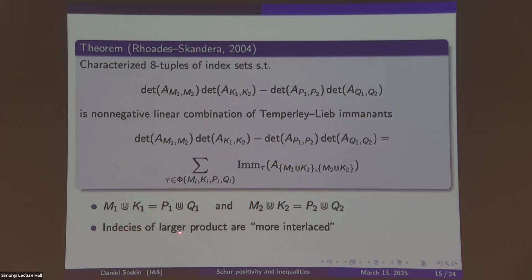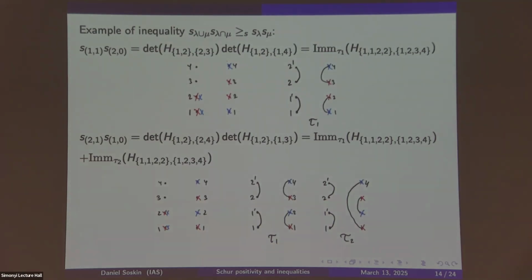And the second condition tells that the larger product should be more interlaced than the smaller product in terms of indices. So for example, here we could see that in the larger product of 2 determinants, the 2 covers are interlaced. We have blue, red, red. And here they're not that interlaced. We have 2 red covers going together.